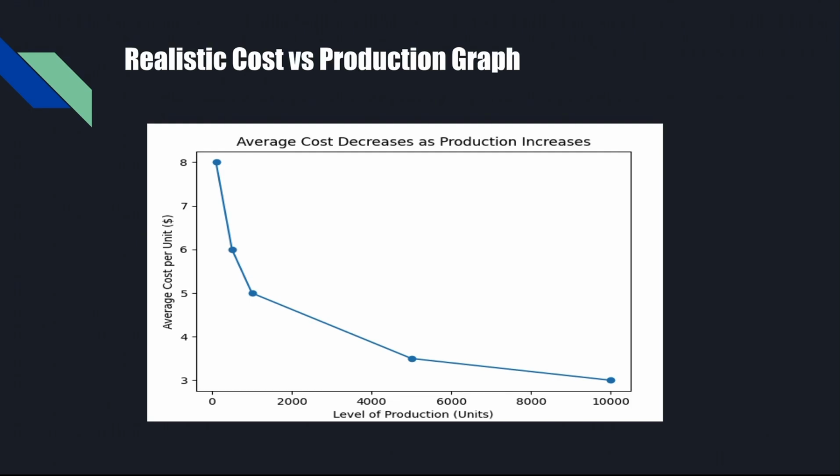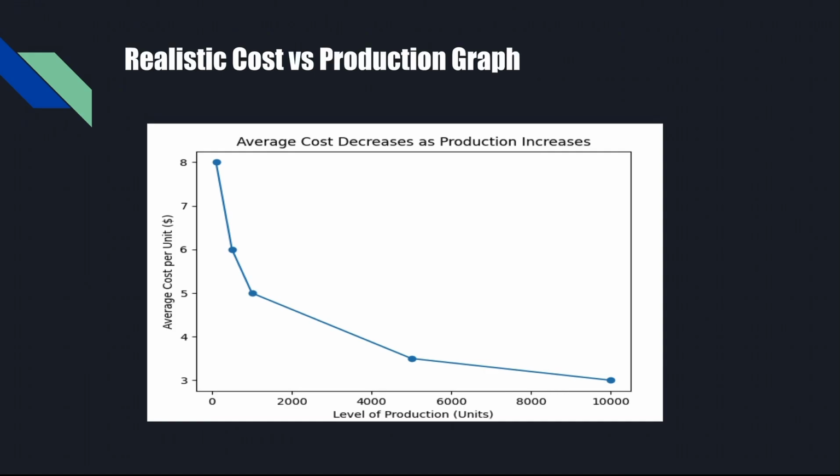Again, the x-axis represents the level of production, while the y-axis represents the average cost per unit on the realistic cost versus production graph. This curve shows that as production increases, the average cost decreases, as you can see on the graph.